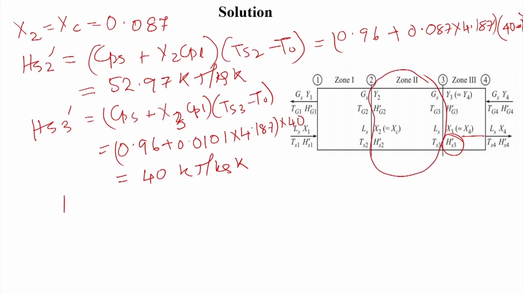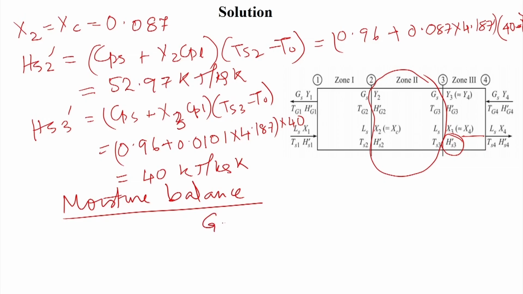So, we will be doing a moisture balance like Gs into Y2 minus Y3 is equal to Ss into x2 minus x3.